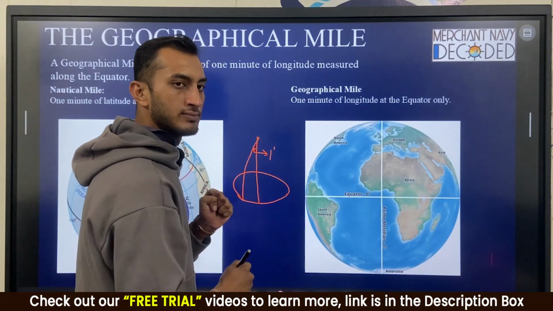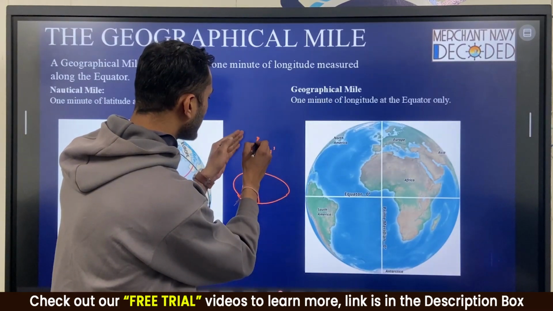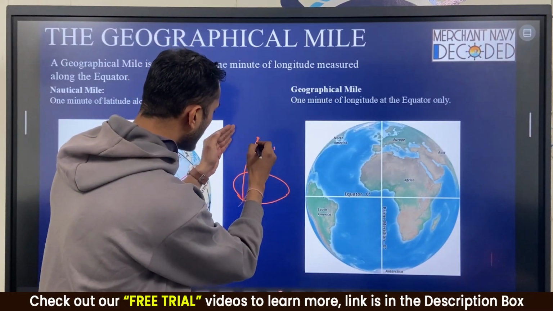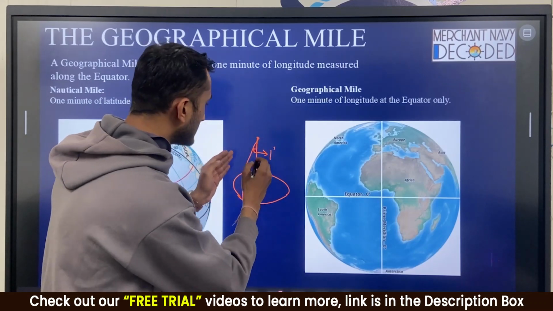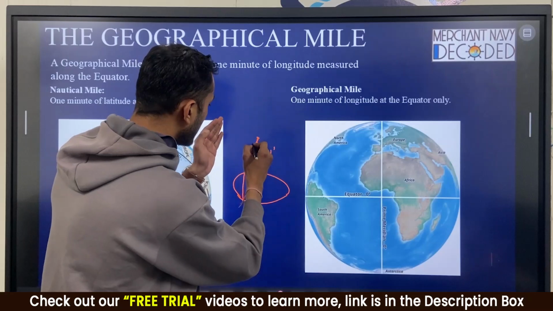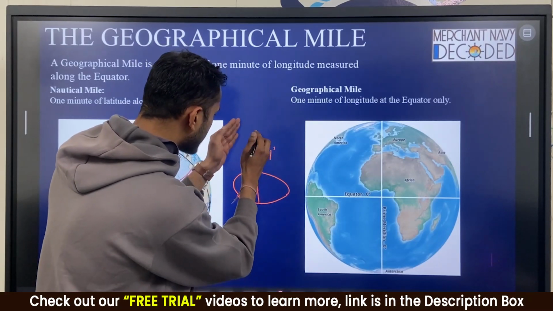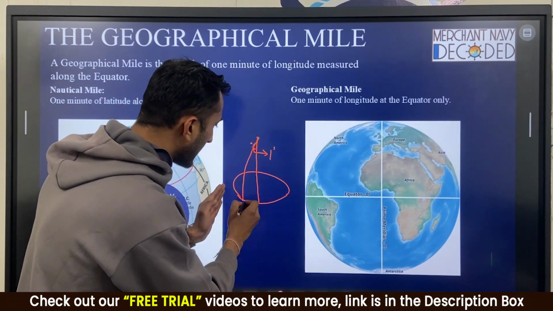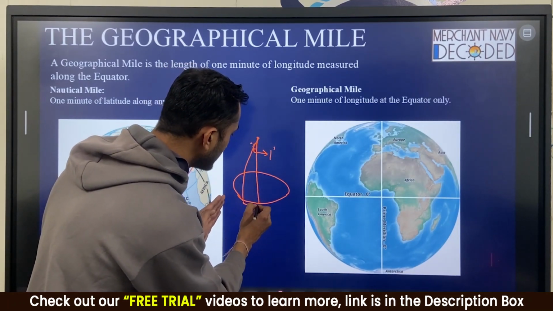But now they are not unlike latitude. As we go to the south in the northern hemisphere, the distance between the two longitude will increase and it will be maximum at the equator.